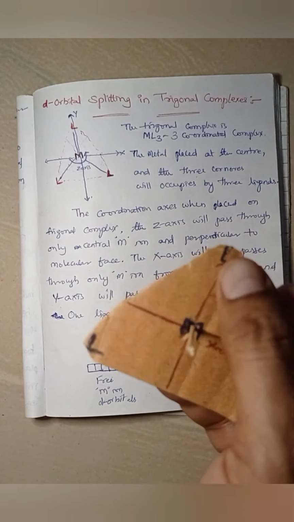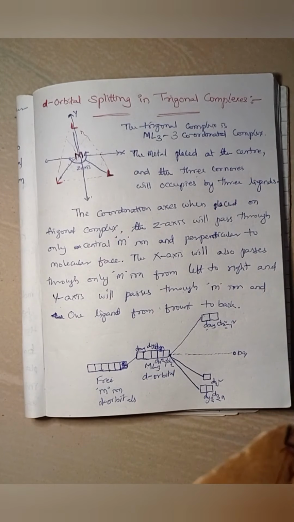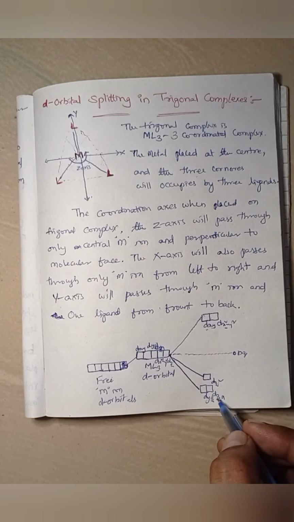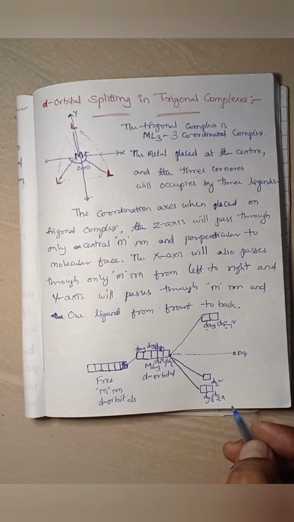Since the metal to ligand bond is very short here, the shorter bond will be slightly closer towards the metal side and towards the spherical lobe of the dz square. Thus dz square has a slightly negative impact but not a negative interaction. This makes the dz square orbital have slightly higher energy than the dyz and dzx orbital energy level.